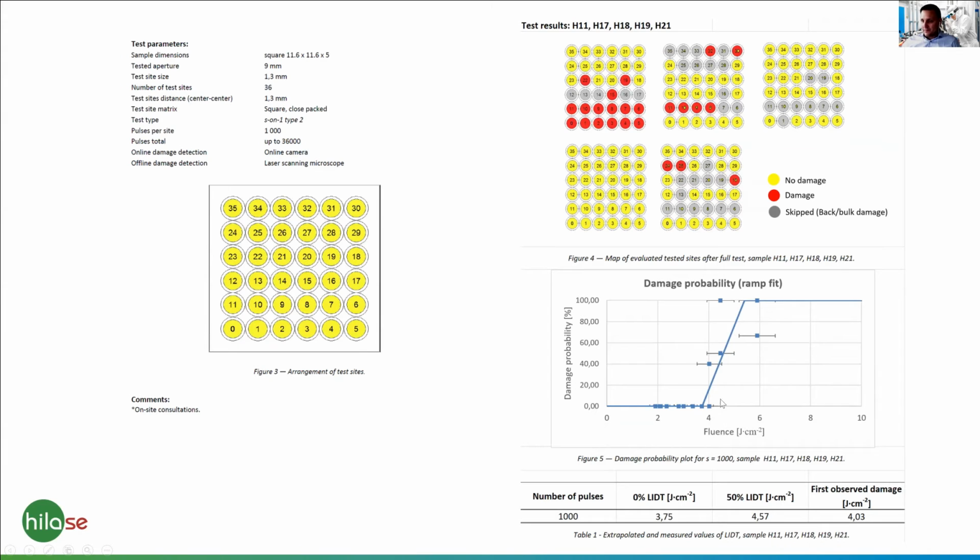This is the case where the vendor required the damage probability for 1000 pulses, and you can see that for this number of pulses we found this damage threshold, which is defined by the extrapolated value based on the statistical data we obtained.